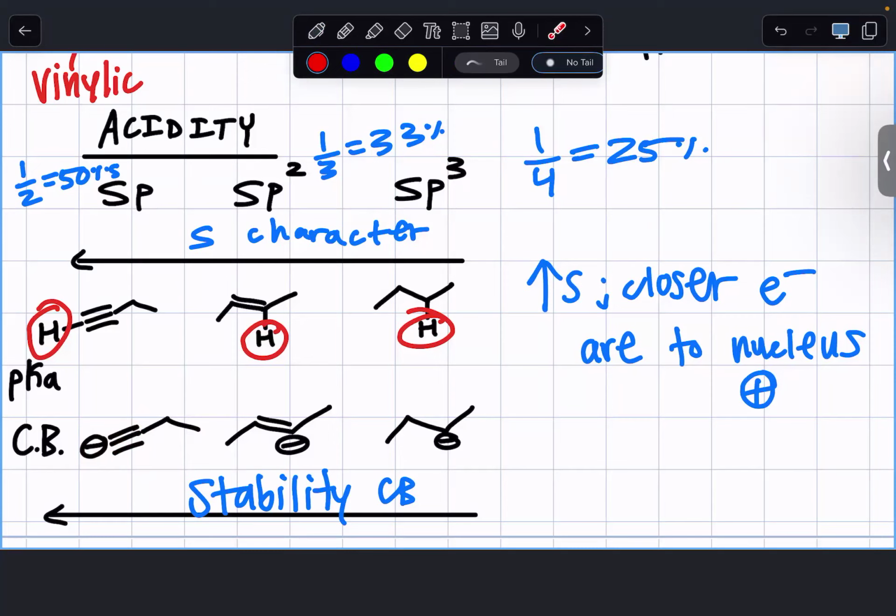Yeah, that's because if it's very stable, it's unreactive. And if it's unreactive, it's weak. Weak conjugate base means strong acid. So the strongest acid here is the alkyne, where the pKa of the alkyne is 25, pKa of the alkene is 44, and pKa of alkane is 50. The lower the pKa something has, the more acidic it's going to be. Okay.